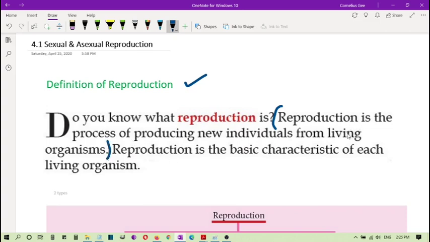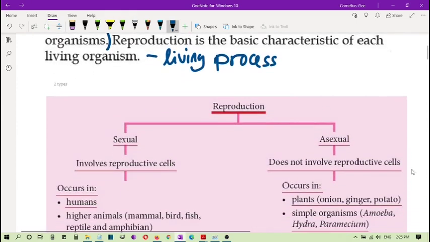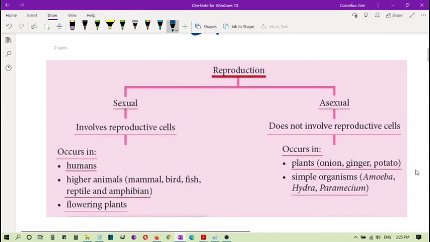So that's the definition. In fact, reproduction is a basic characteristic of living organisms, which means it is a living process. Now there are two types of reproduction that you're going to study: sexual reproduction as well as asexual.